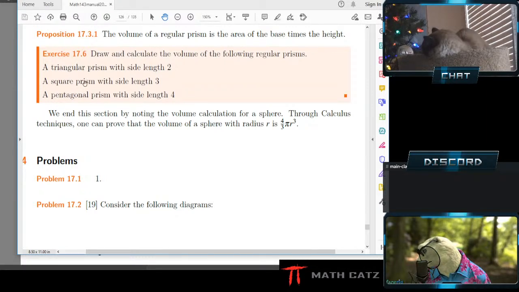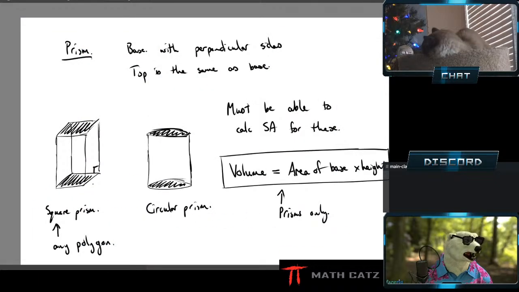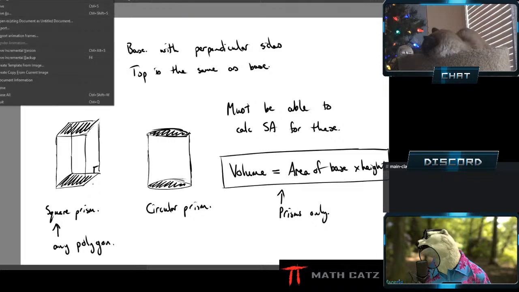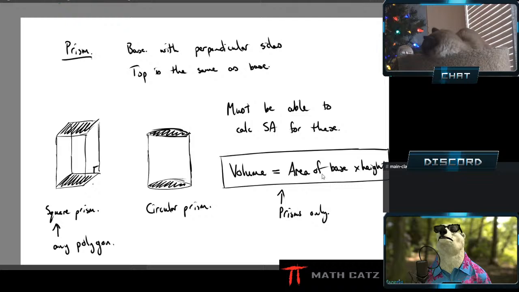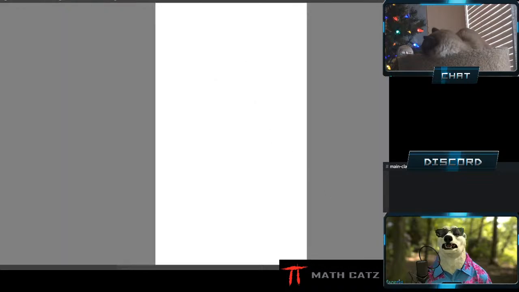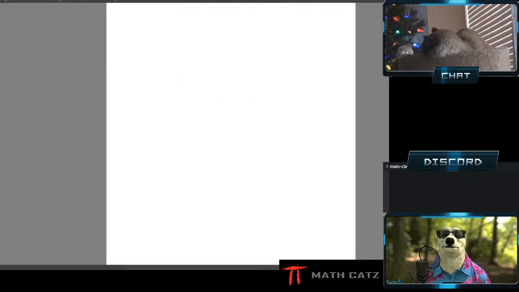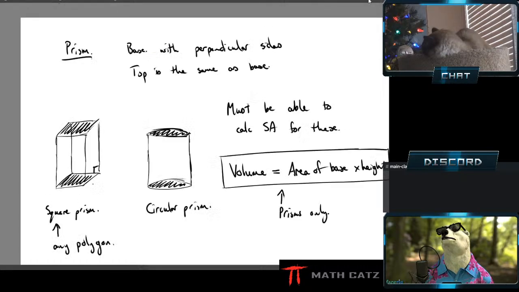We have exercise 17.6, 3 examples to calculate. They ask just for the volume. Certainly, we should be able to practice the surface area as well. So keep that in mind if you're looking for more questions. Surface area, what should I be able to do? These are definitely good ones as well. Done. Well, we have done one here, essentially.